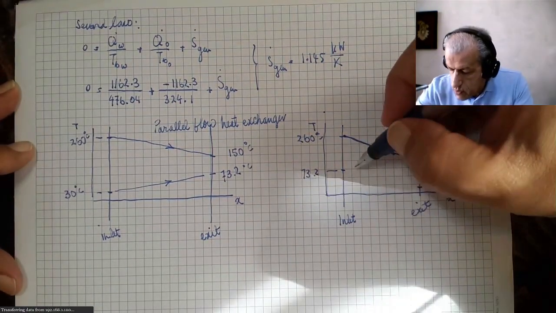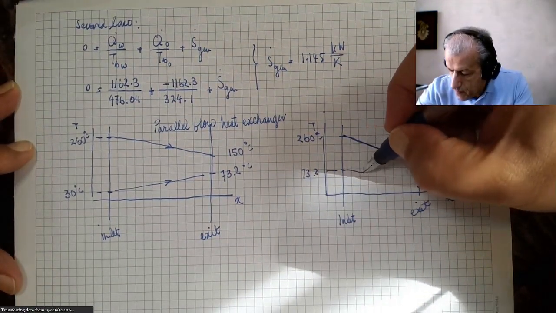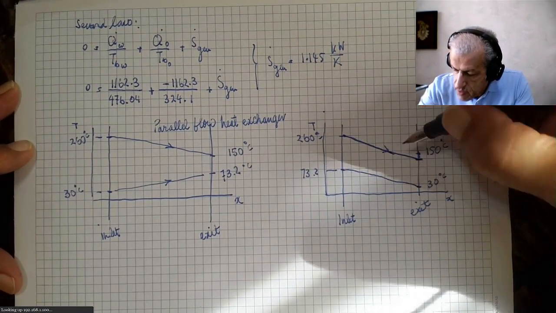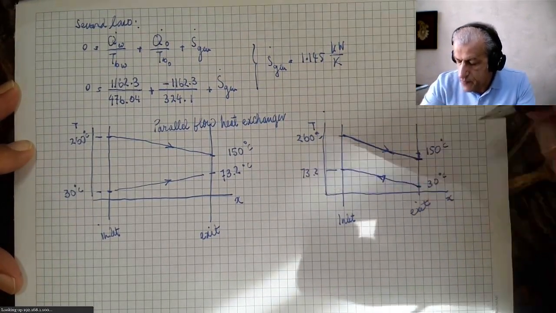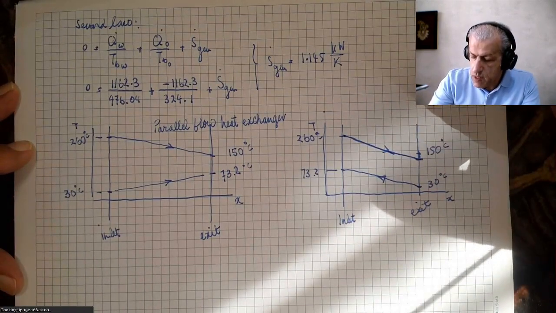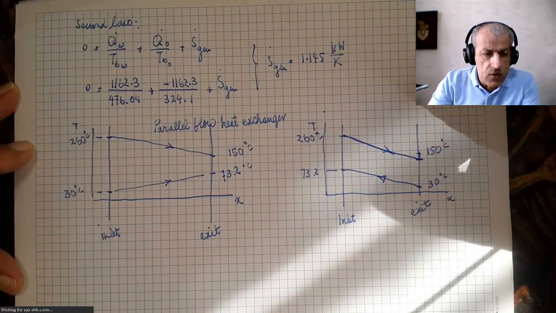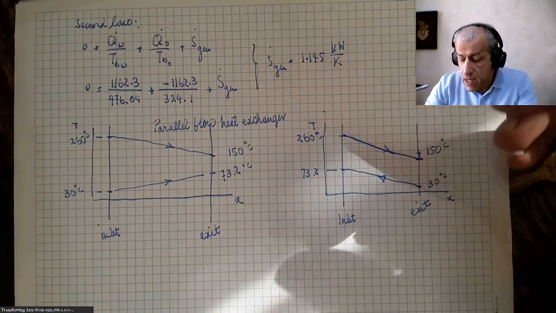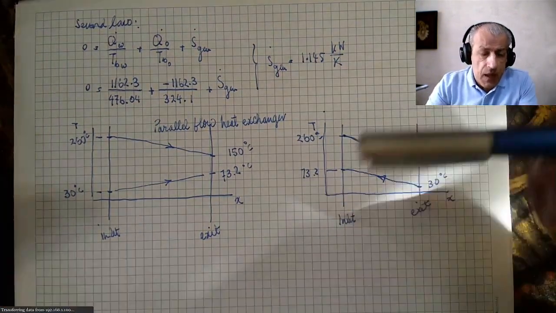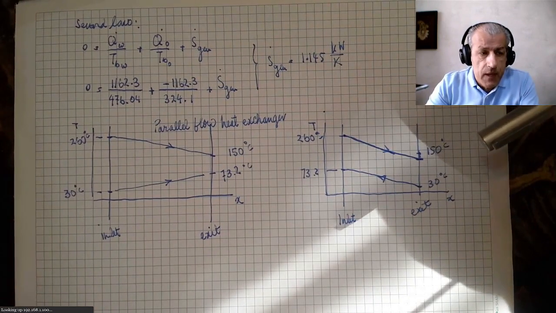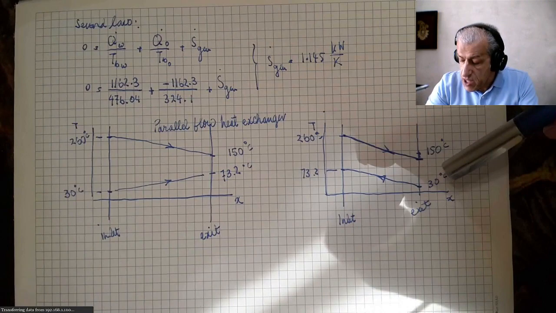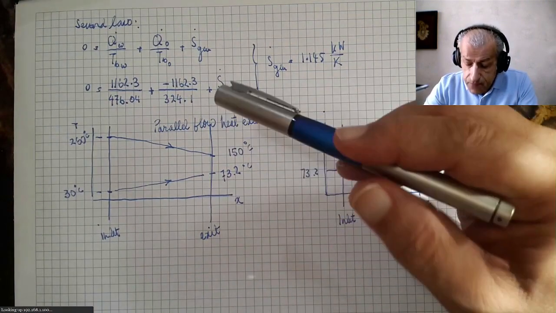So it would look like this one. Water flow would be in this direction, and oil flow would be in the other direction. So there would be a nearly equal temperature difference throughout the heat exchanger.